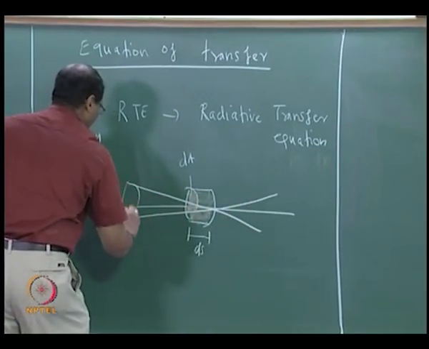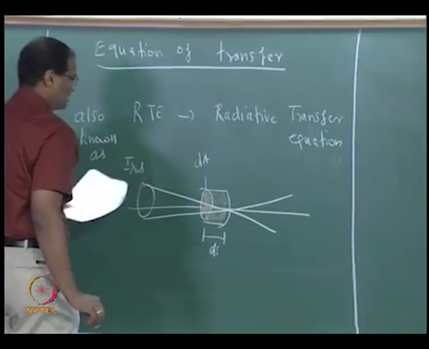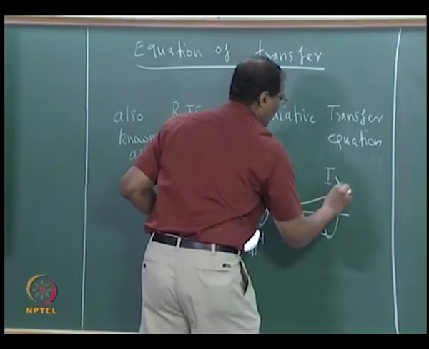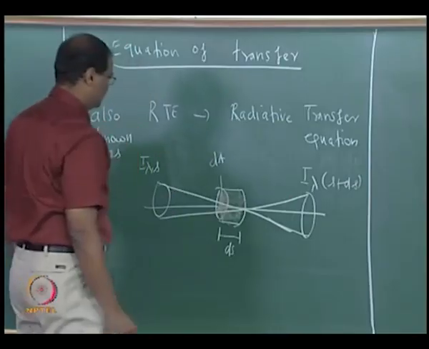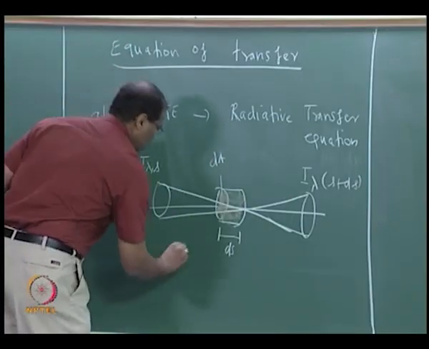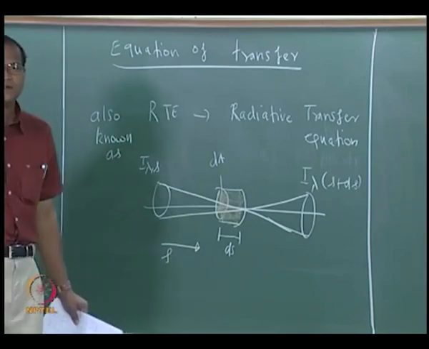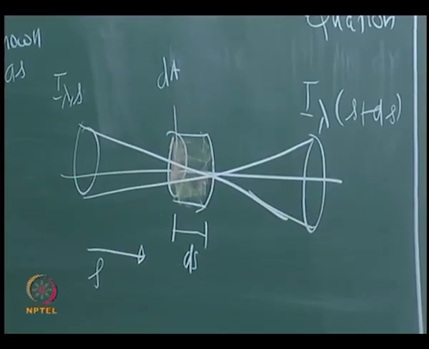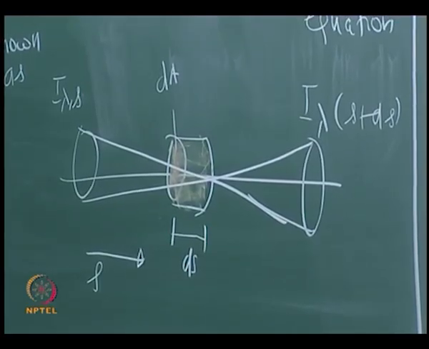Radiation is I lambda at S, I lambda at S plus ds. Radiation is traveling in this direction, generally the direction is S. In a Cartesian coordinate system we can later on replace the S by X and so on. In order to make it less restrictive, we can use the notation S.